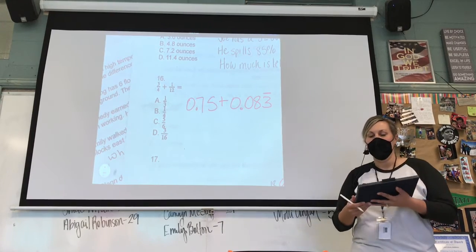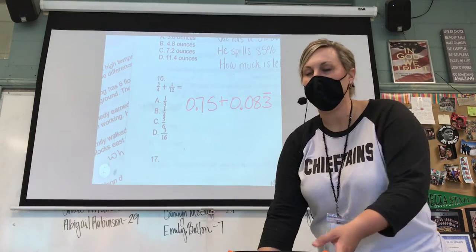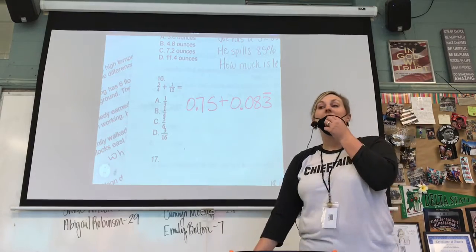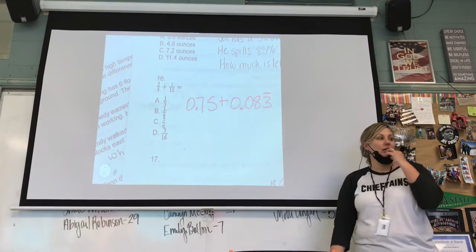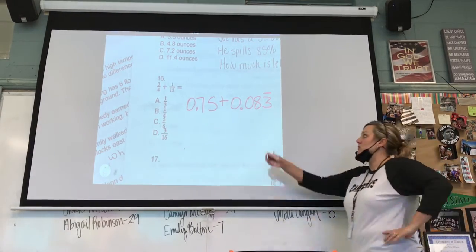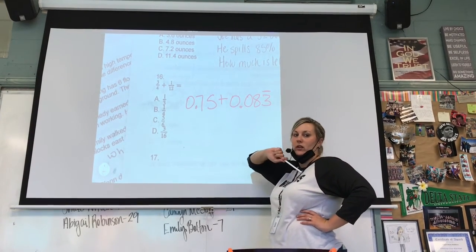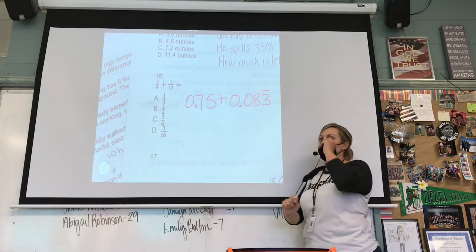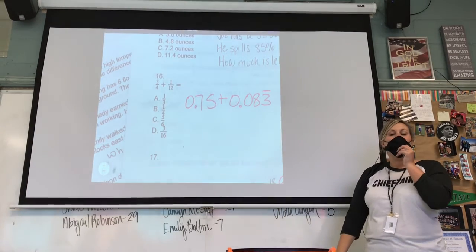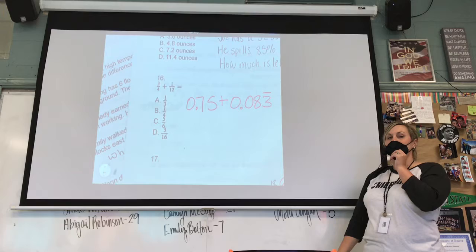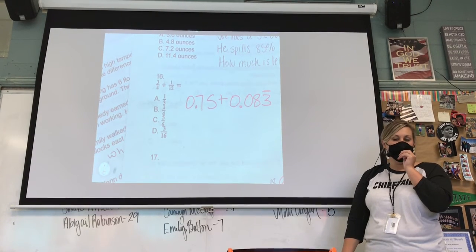0.083 repeating. Now, we have had this question on a test before, and several people in each class would ask me about it, because when you put this in your calculator, go ahead and grab your calculators if you haven't worked it out yet, it's going to give you a weird-looking answer.